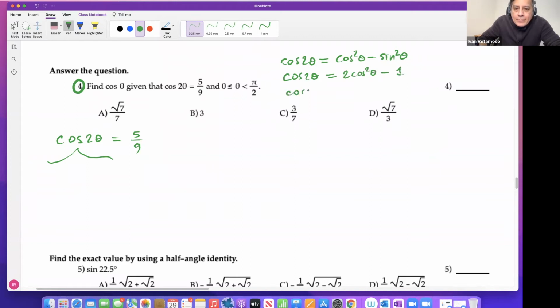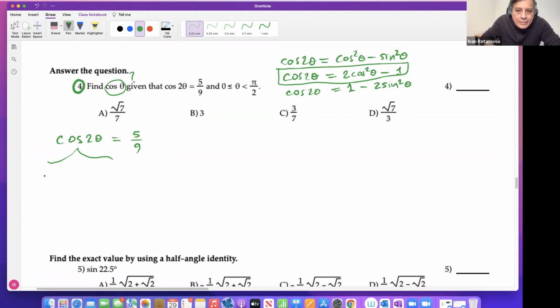And we have another one, this one is 1 minus 2 sine square of theta. Notice I'm looking for cosine, this is what I have to find. So clearly I should use the second formula, because this contains the cosine that I'm looking for.